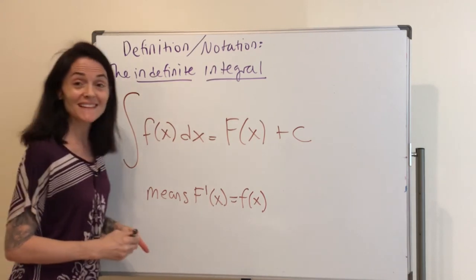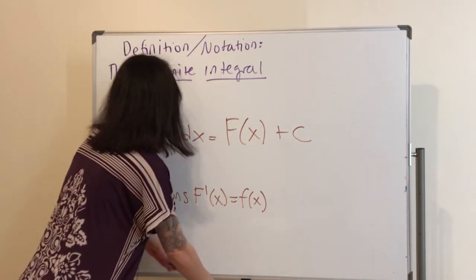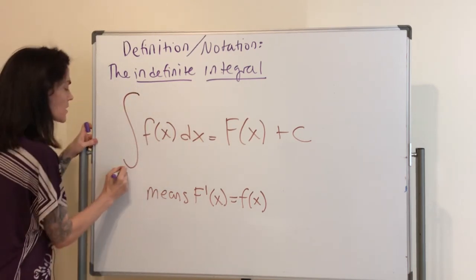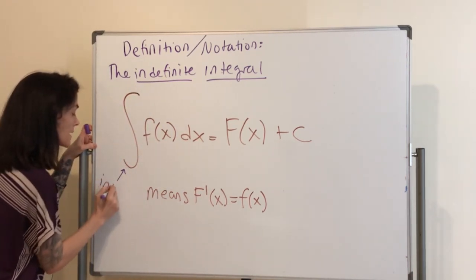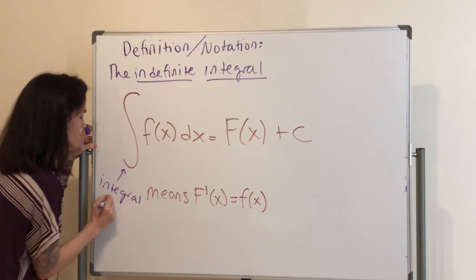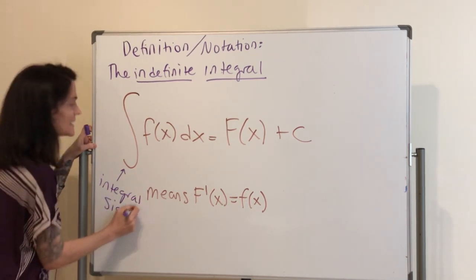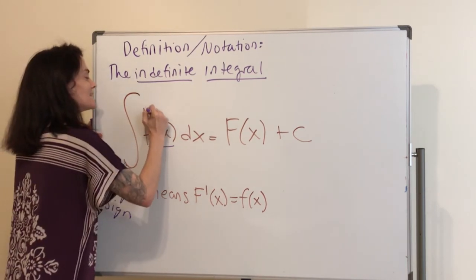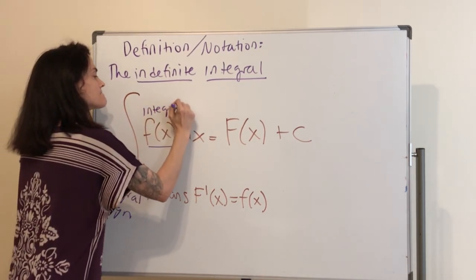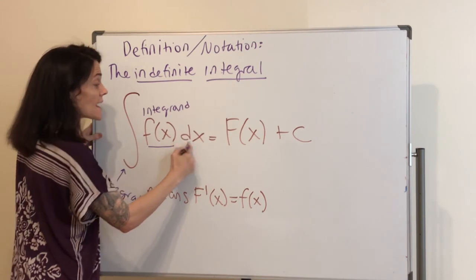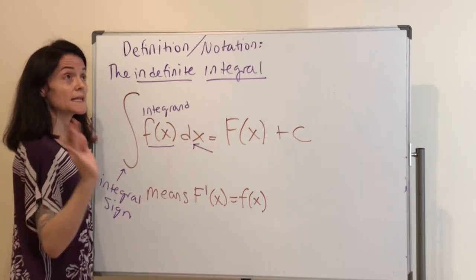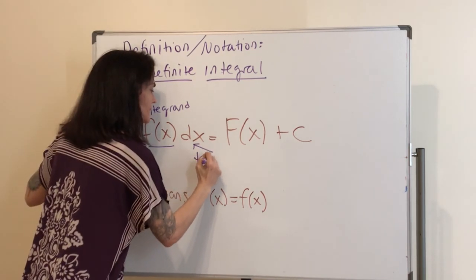Now, let me start labeling some things. This big elongated s is called an integral sign, or the integral sign. F of x is called the integrand. This dx is the differential. It tells you the variable.